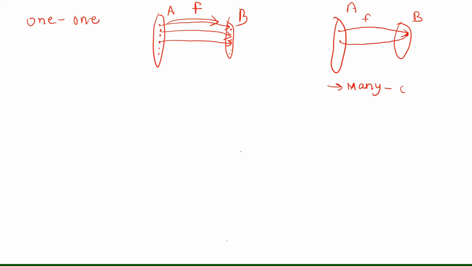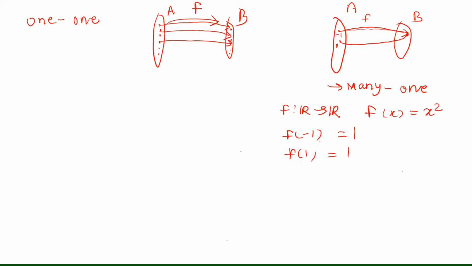For example, suppose f from R to R such that f of x is equal to x square, then f of minus 1 is 1 and f of 1 is also 1. So we can see that minus 1 and 1, both elements of A, are connected to a single element of B, and hence this is a many-one function.